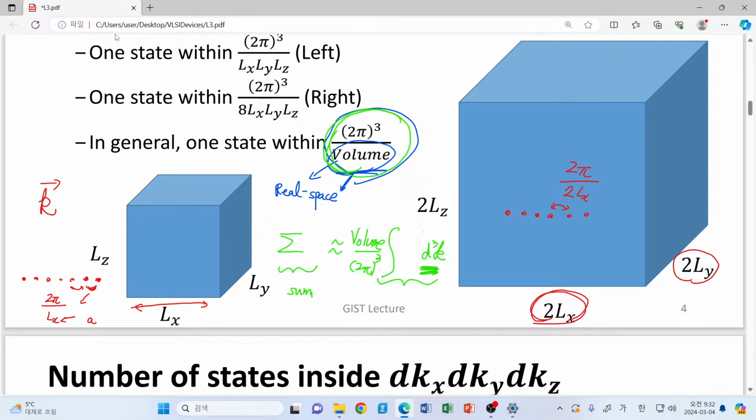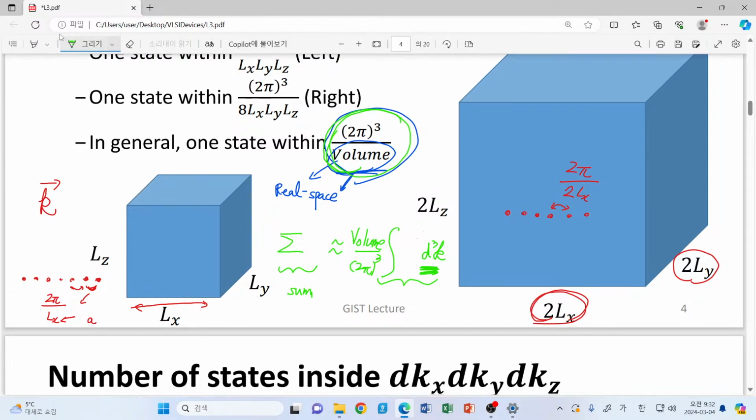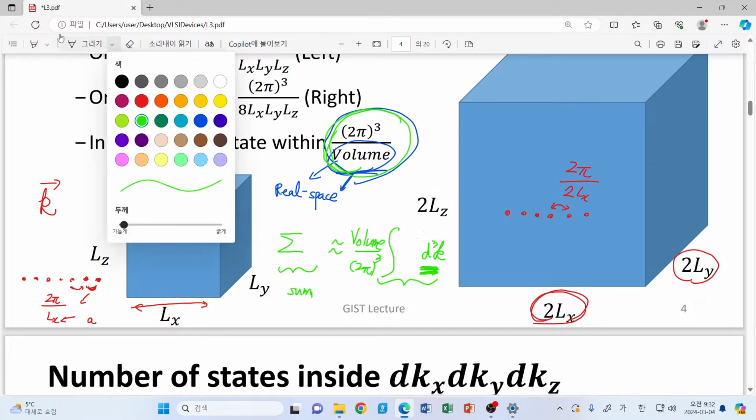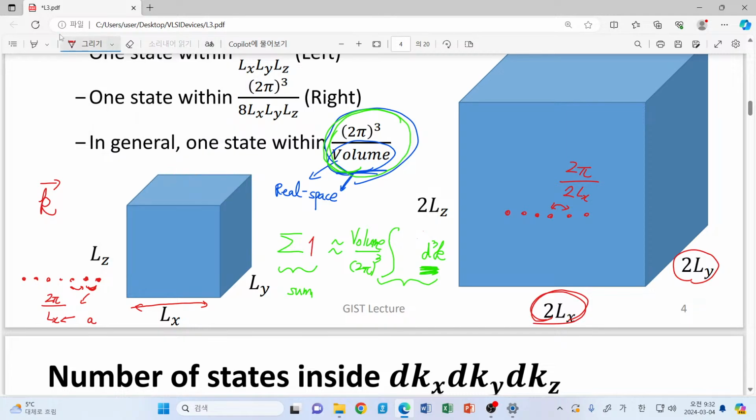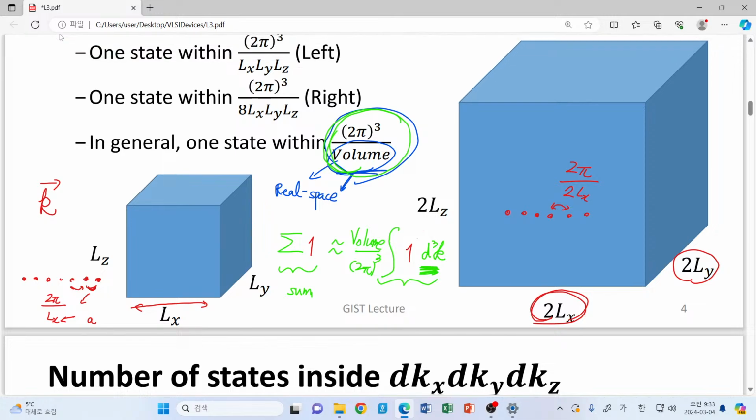Okay, so now think about this special case. For example, if we wanted to just add 1 for every k point, then you can easily understand this is the right way to make the conversion from discrete summation to continuous integration.